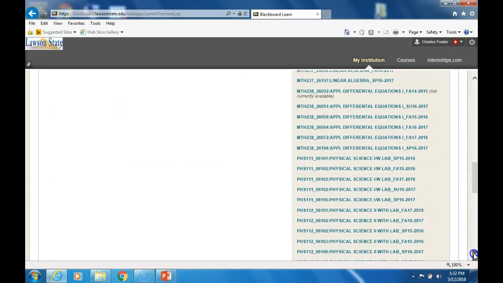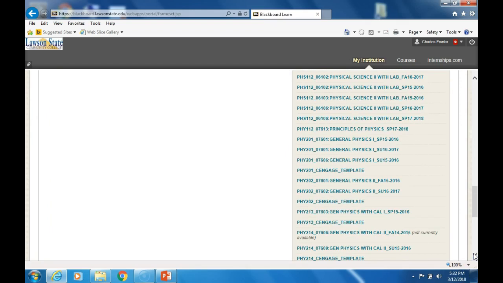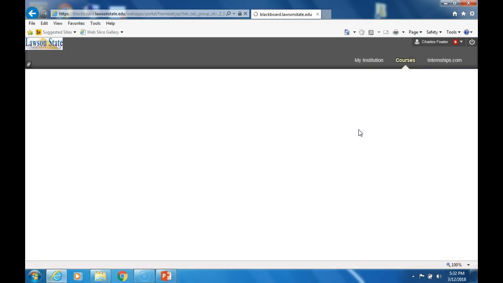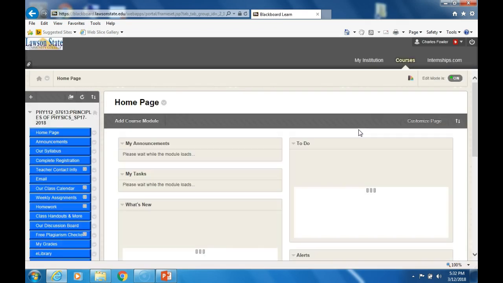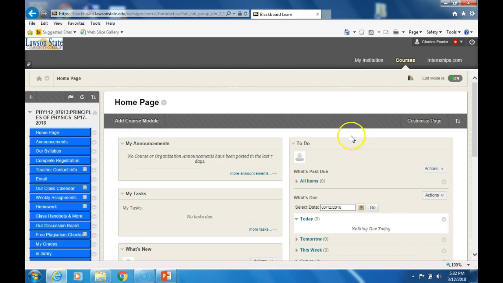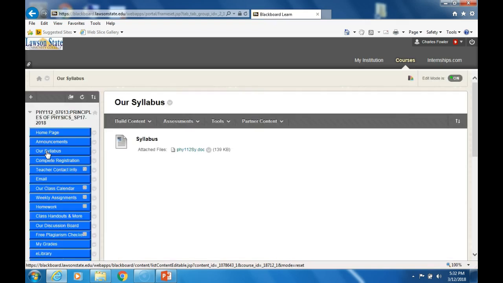Y'all don't have this many classes. And I know you are glad you don't have that many classes. Here is this one. Like I said, somebody else came up with this thing over here. The syllabus is under that blue tab. There's the syllabus. Okay.